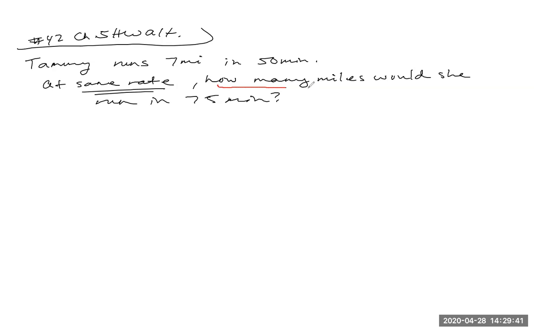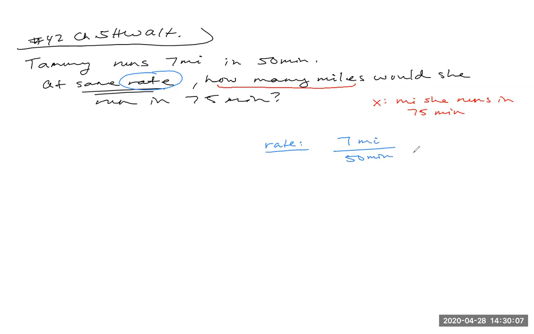How many miles? So x will be the miles she runs in 75 minutes. Okay, now the rate. The rate that we have here is 7 miles per 50 minutes. Okay. We want same rate.